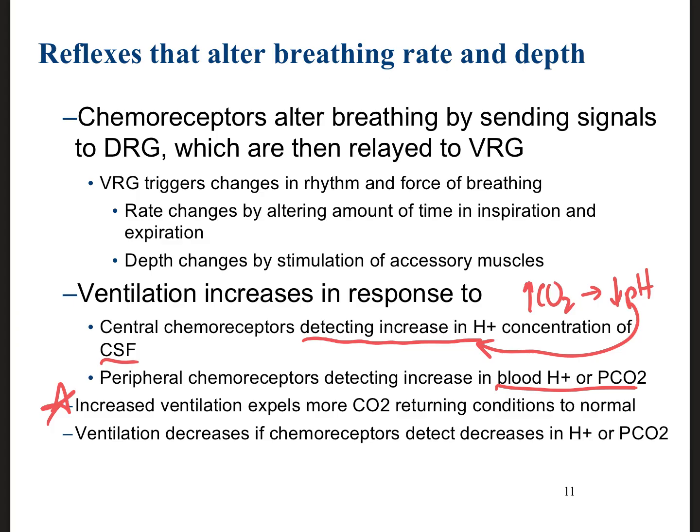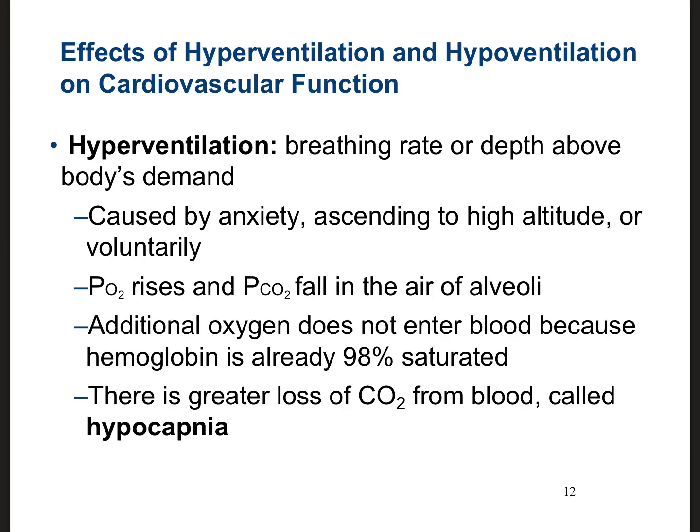I need to build it back up. I don't want to have too little CO2 because if I have too little, then the pH becomes too high and it's not in the optimal range. So those changes or fluctuations in blood pH in response to changes in respiration are what we call respiratory acidosis and respiratory alkalosis. We'll talk about those in a little bit.